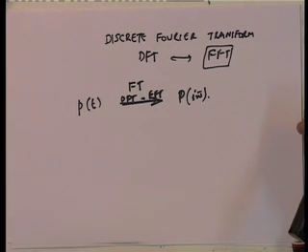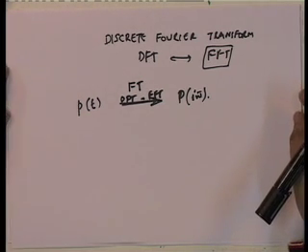I am not going to spend too much time on the FFT, because it is really a mathematical procedure which does not add to our knowledge. I will leave it up to you to read the original paper by Cooley-Tukey, which appeared in 1962.